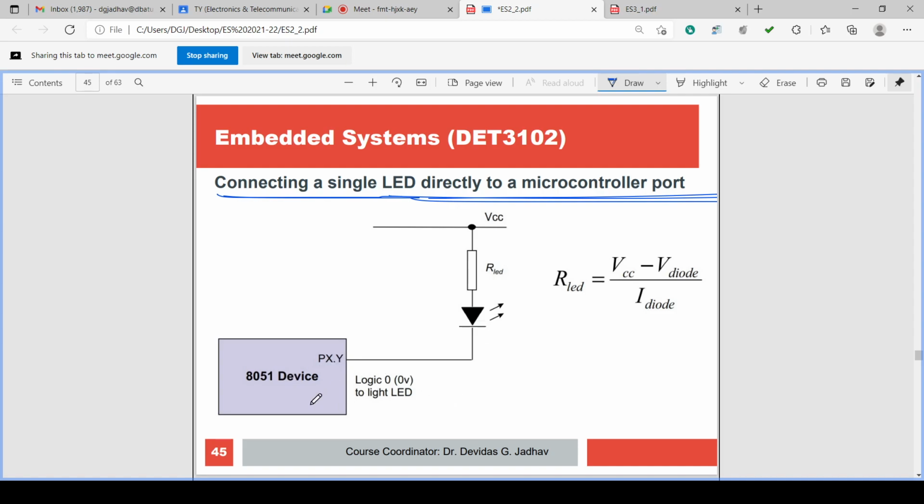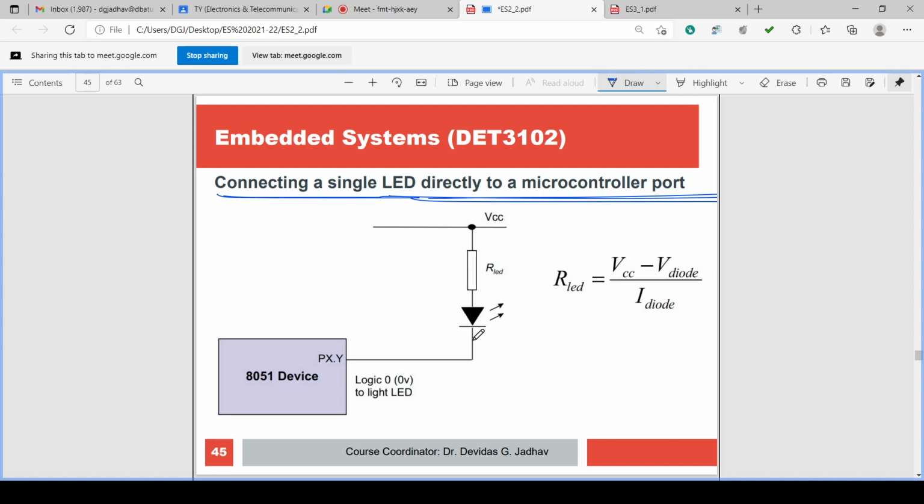So to the 8051 device, any port wire is there, and to that the cathode of the LED is connected. The anode of the LED is connected through the LED resistor to VCC. So the cathode is connected to the pin and the anode is connected through the resistor to VCC.